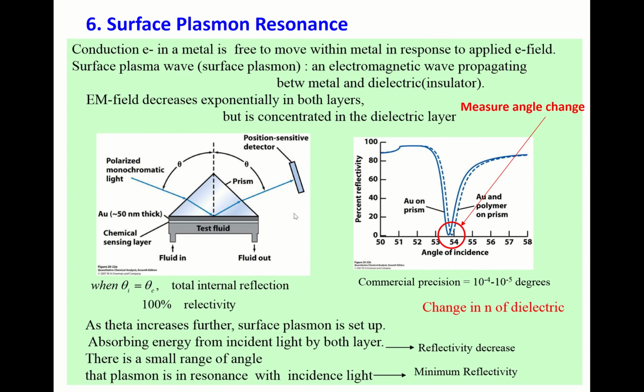Surface plasmon is the collective motion of electrons in gold, at the interface. So surface plasmon is really sensitive to the surface. It propagates between metal and dielectric insulator, this metal and dielectric here.